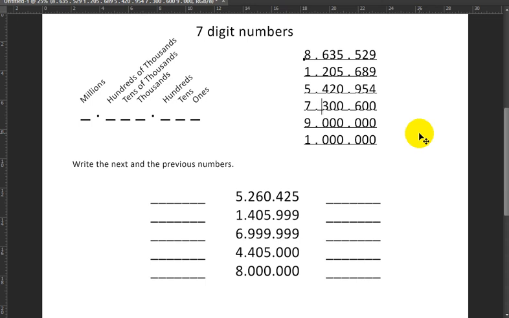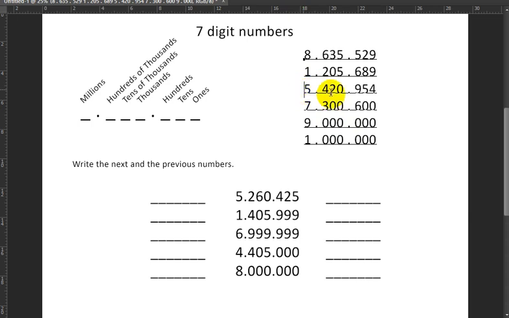This 3 is it. Or you could have skipped the first 3, since these are the thousands right after the first dot. So these are the tens of thousands, hundreds of thousands. So you would say this number has 3 hundreds of thousands.